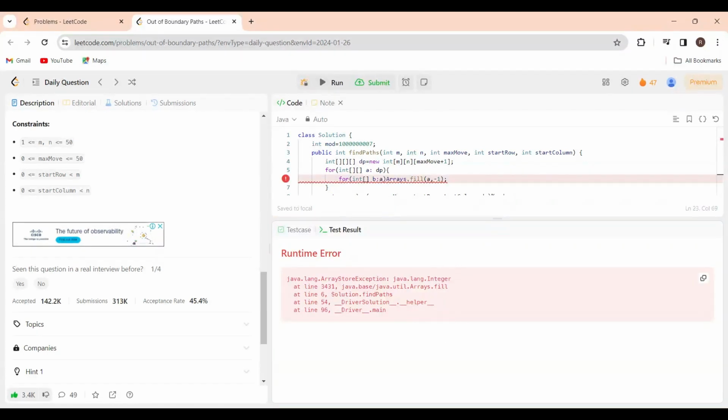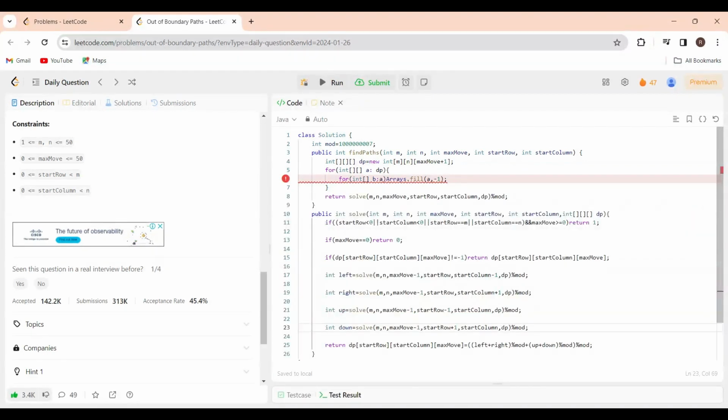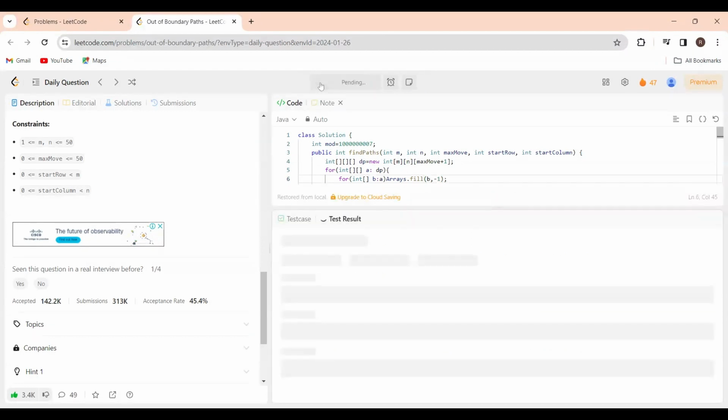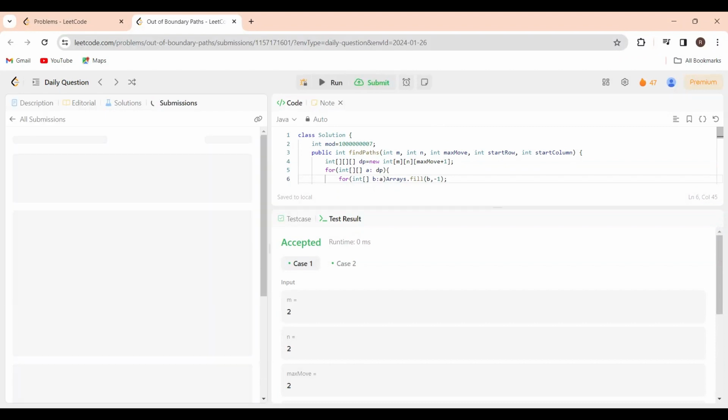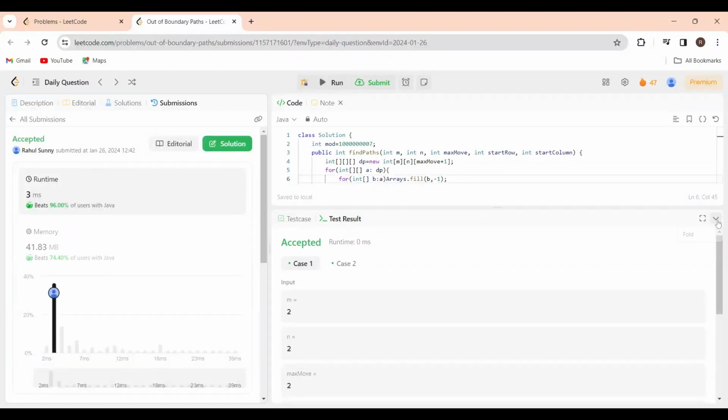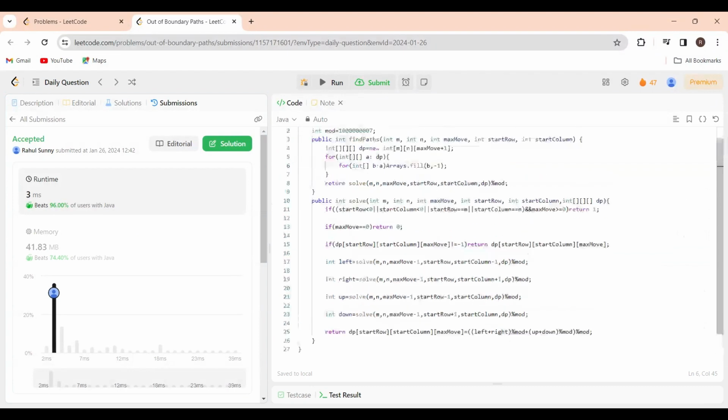What is it saying? Arrays.fill. Okay, we need to pass b here. Let us quickly run this. Right, it is accepted. So let us try to submit it. Okay, our solution has passed. So this is how we will be solving this problem.